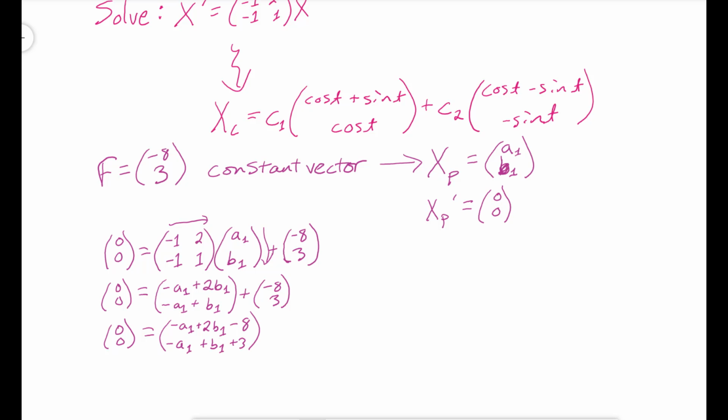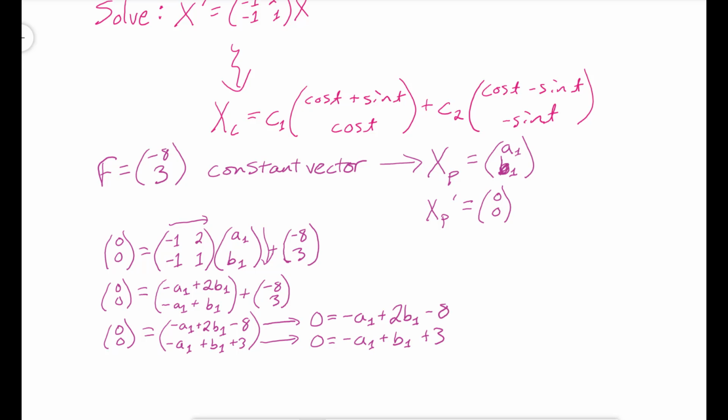And now for these two vectors to be equal to each other, the rows in them must agree. So the top row on the left gives me 0. The top row on the right gives me negative a1 plus 2b1 minus 8. And the bottom row on the left gives me 0. On the right it gives me negative a1 plus b1 plus 3.